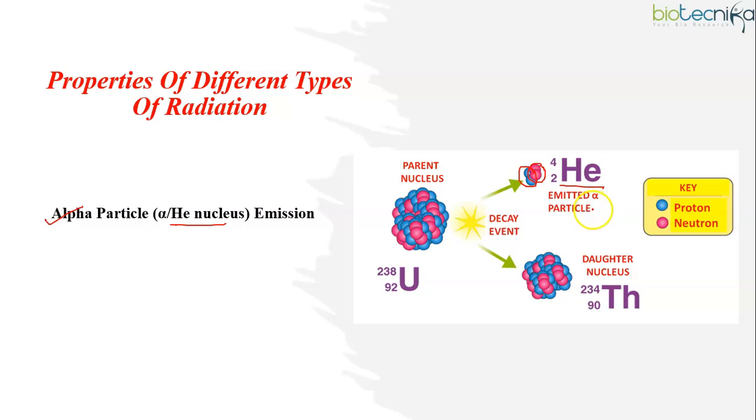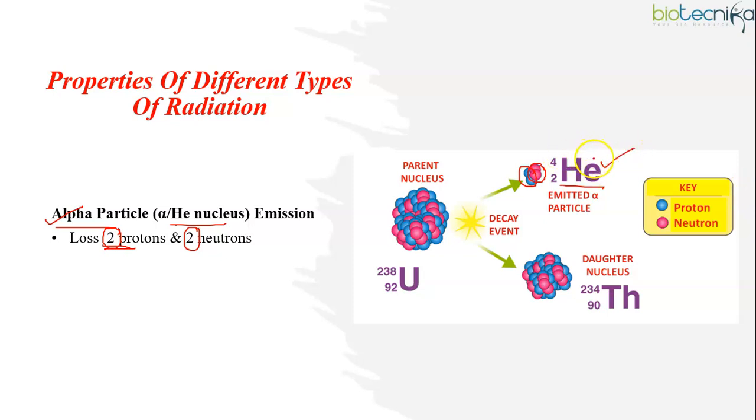Now, alpha particle emissions are generally produced in the process of alpha decay. Emission of alpha particle results in considerable lightening of the nucleus, a decrease in atomic number of 2, and a decrease in mass number of 4. So basically, in the radioisotopes which undergo decay by emitting alpha particle, the loss of 2 protons and loss of 2 neutrons occurs, that is, the helium nuclei is emitted.